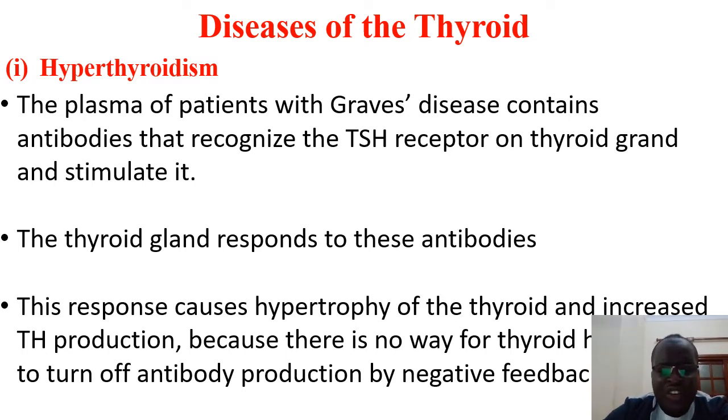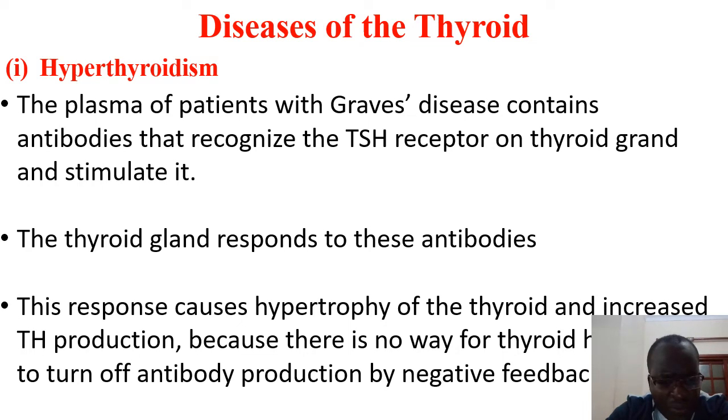The thyroid gland responds to these antibodies, because it will think that these are thyroid stimulating hormones that are stimulating it. As long as the receptors are activated, then that pathway is going to be activated. Then the metabolic effect of thyroid hormones will be seen, because the production of thyroid hormones is going to increase.